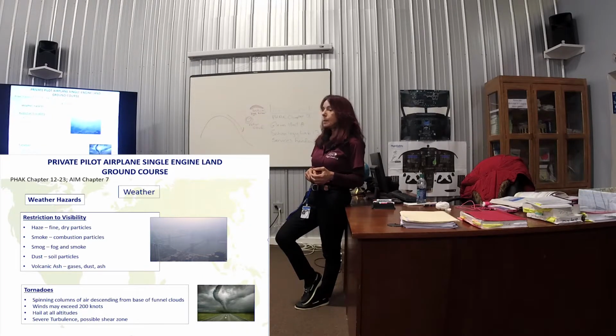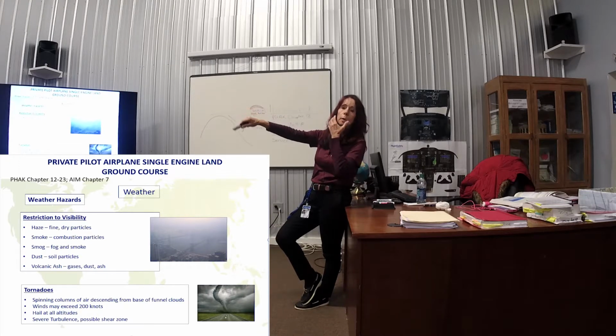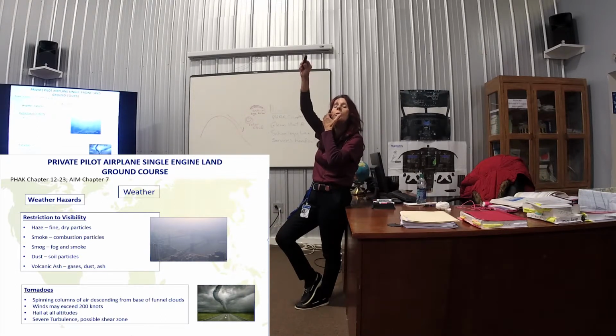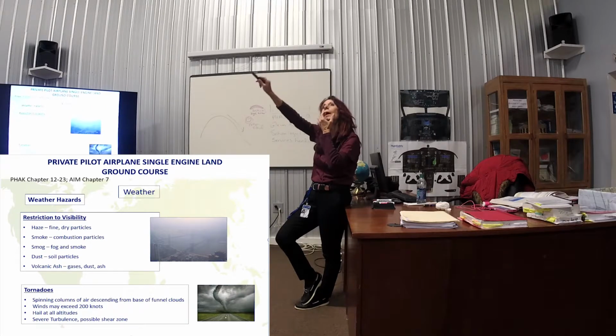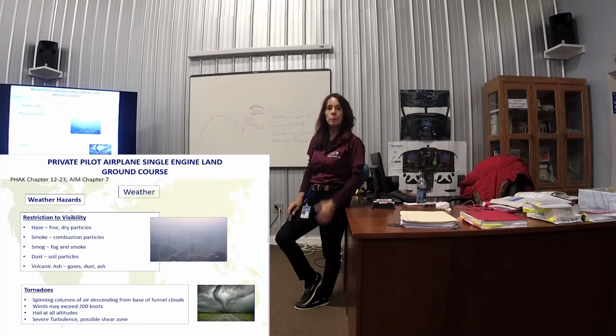Volcanic ash. As I shared with all of you earlier on in our lessons, volcanic ash can travel thousands of miles, very high. The jet stream can pick up volcanic ash and travel it all the way across the country. So volcanic ash is filled with gases, dust, and ash.